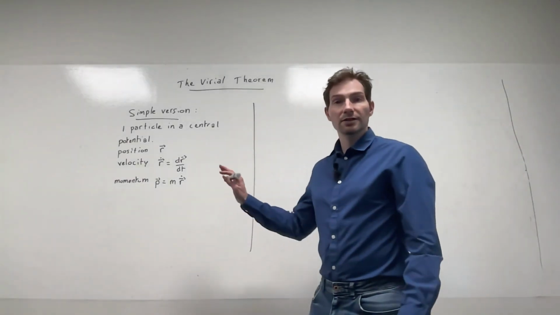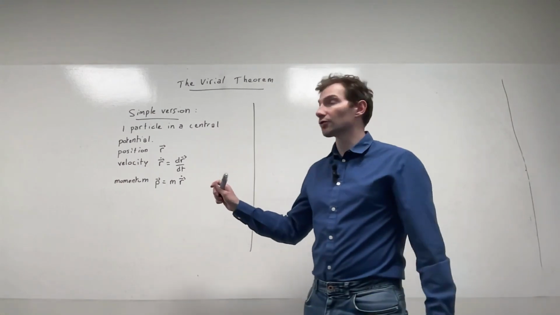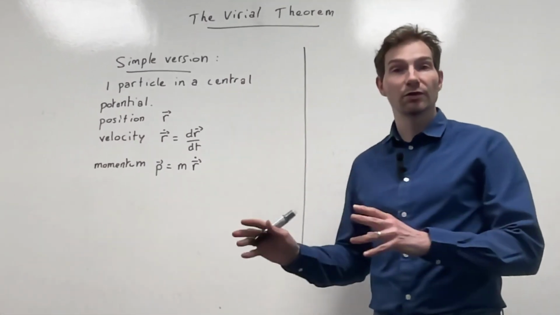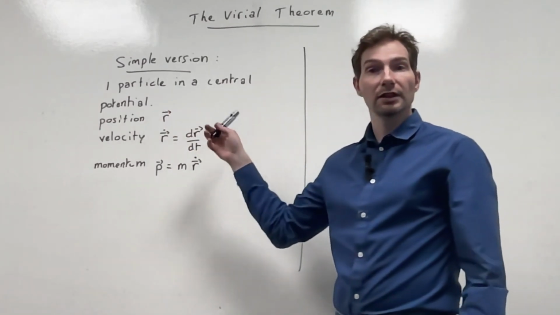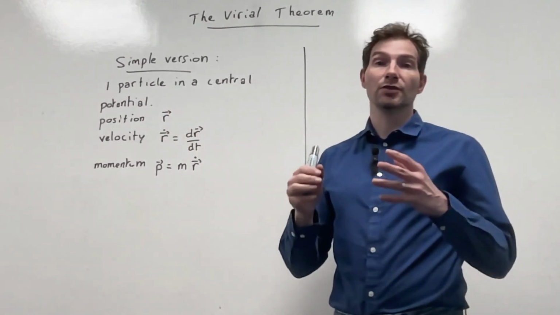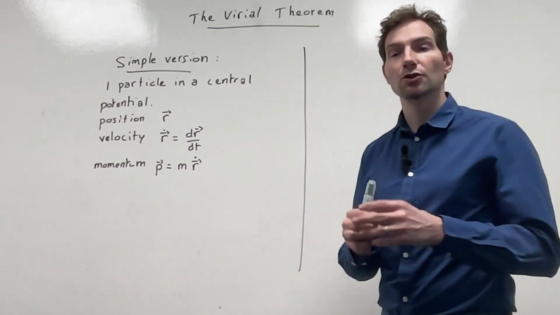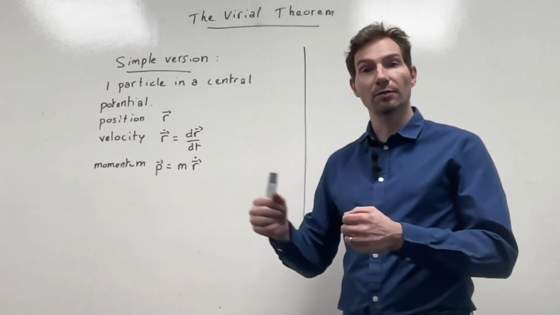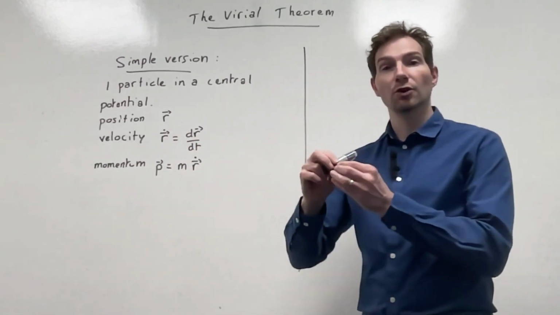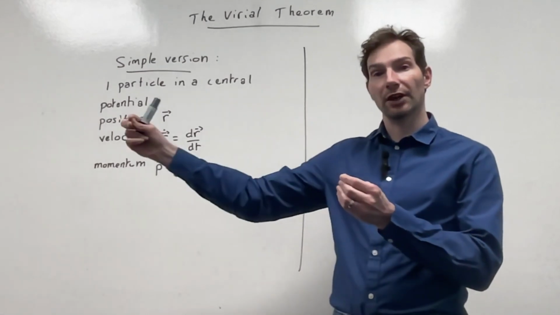Okay, so let's consider the kind of problem we want to look at. In this simple version, we want to look at one particle in a so-called central potential. What that means is that the force exerted on the particle goes in a radial direction.